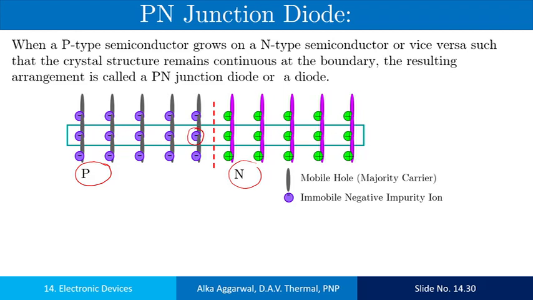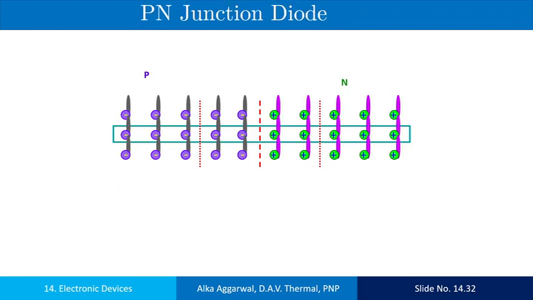In the n region, this purple color represents the electron, the extra electron which a dopant atom provided. Now, let us see the processes occurring during the formation of the p-n junction, that is, the formation of the depletion region, the potential barrier, and we discuss the diffusion current and drift current.